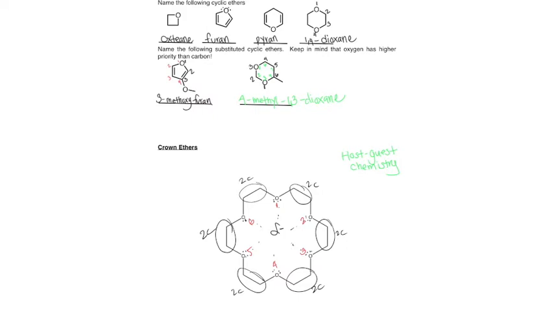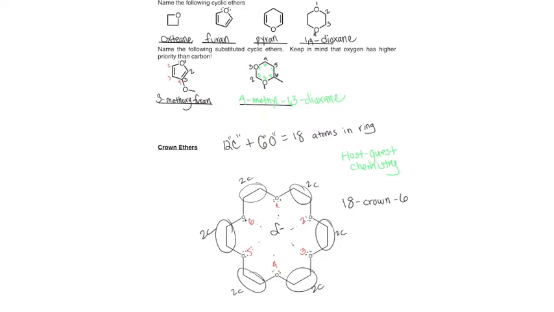I did it 6 times, so that means we had 12 carbons. And we had 6 oxygens. And so that means we had 18, so let me put that here so we don't confuse that for 60, 18 atoms total in the ring. So we have all the information we need to put that together for the name. And we say this is an 18-crown-6. So there are lots of sizes of crown ethers. I worked on one that was 34-crown-10.